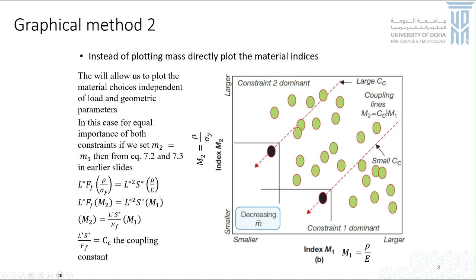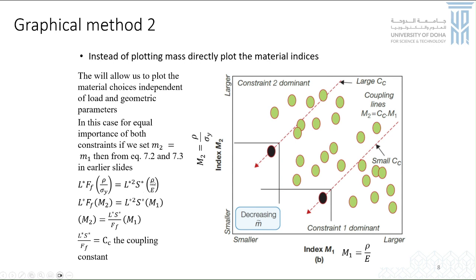So for example, in my case, my first performance equation was 7.2, and the second performance equation was 7.3, right? If I equate them, so this is the strength one, L into F into density over sigma yield, is equal to L squared into the stiffness into density over Young modulus.